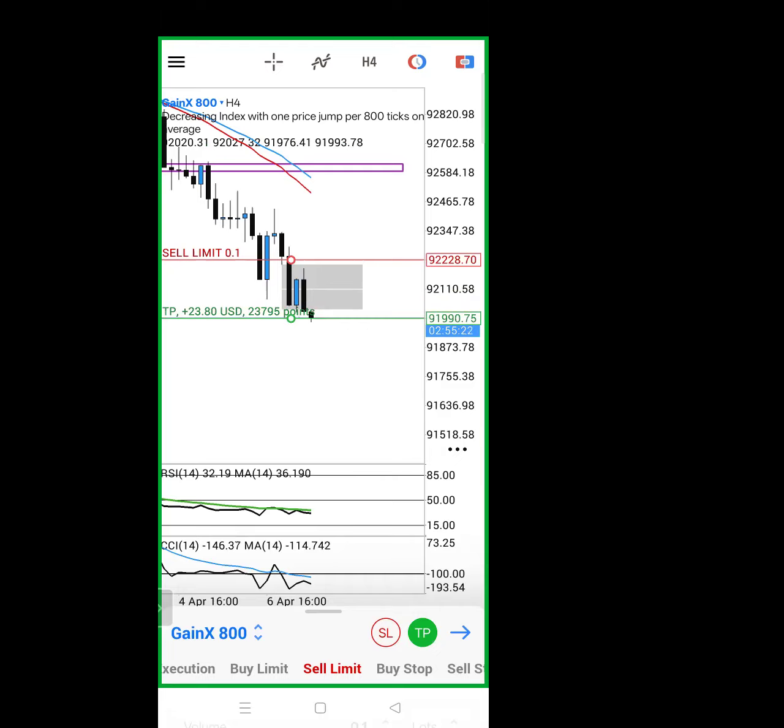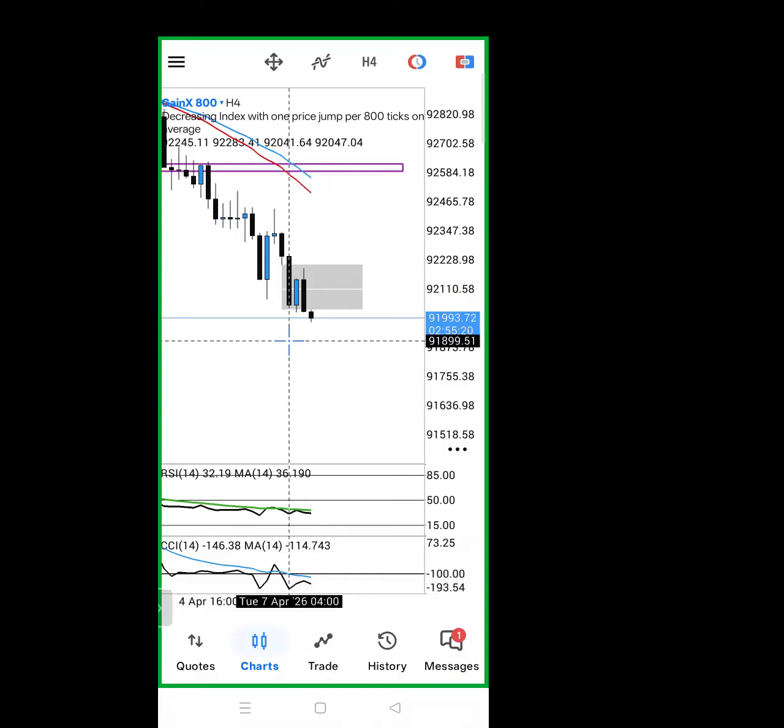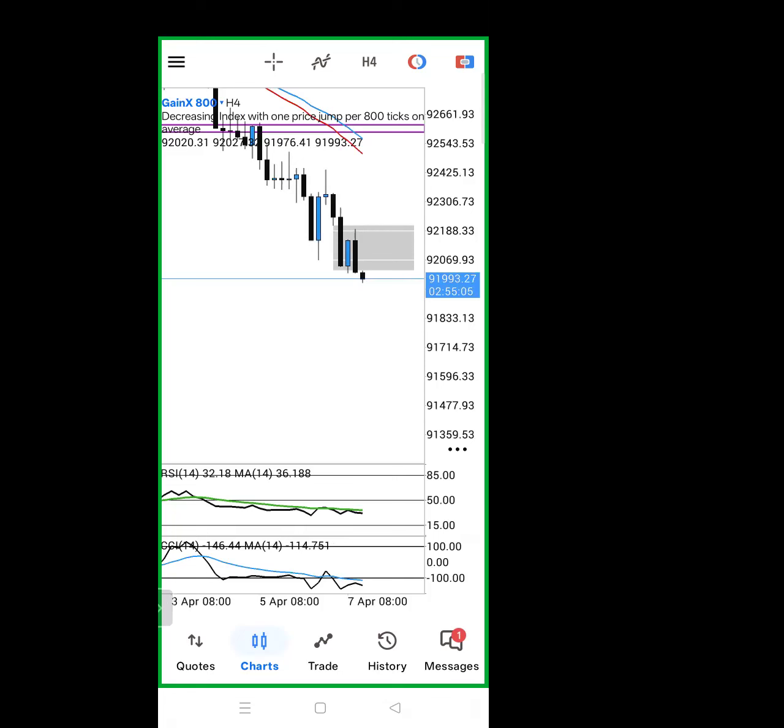Now, why will I confidently take this kind of trade? If you come here, both the oscillator and the moving average are below the 50 level. Then when you come to the CCI, the CCI is below the moving average.